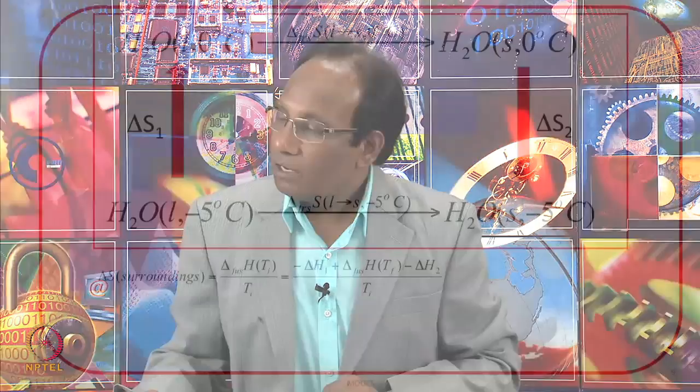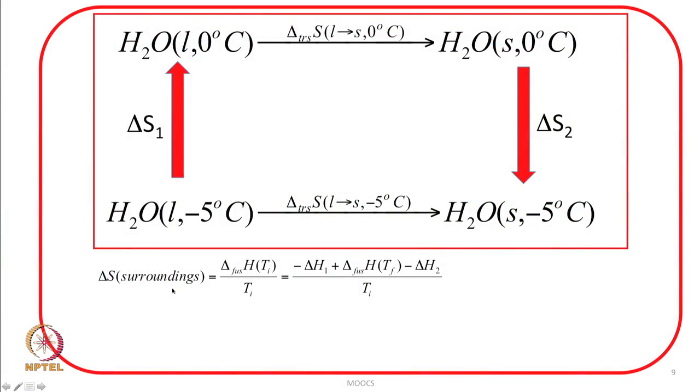And that is what is mentioned here, that delta S surroundings can be calculated if I know the total enthalpy of fusion for this process, which we are trying to get through these steps 1, 2, 3. For the first process it is minus delta H1, minus because we are talking about the surroundings, and this will be the actual freezing enthalpy, because the freezing enthalpy corresponds to solid to liquid.